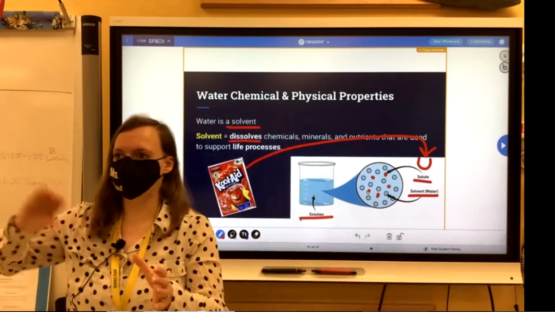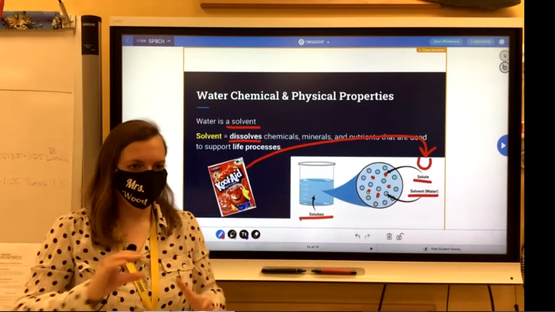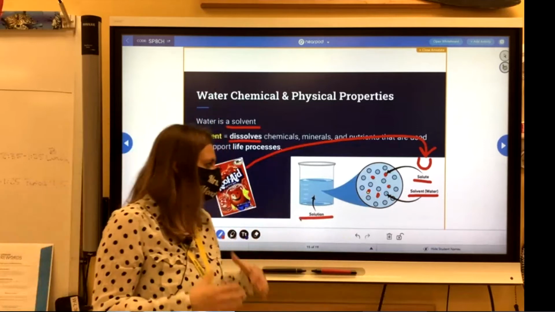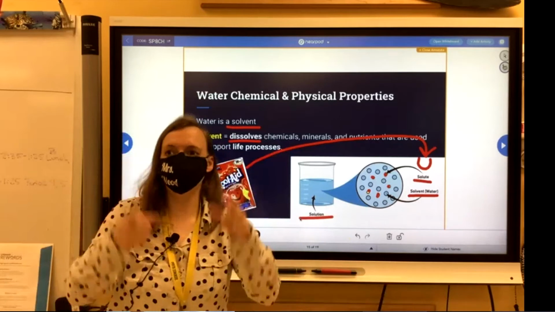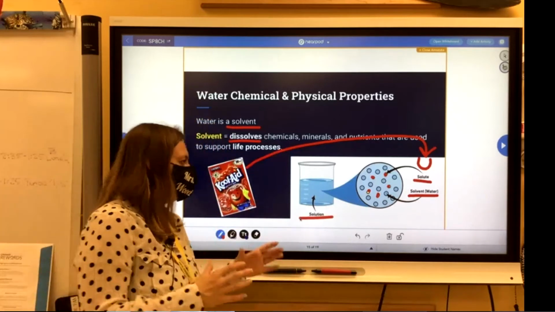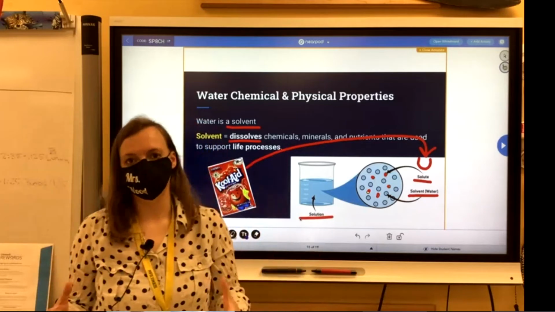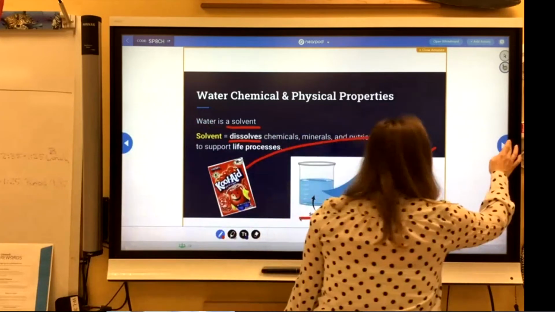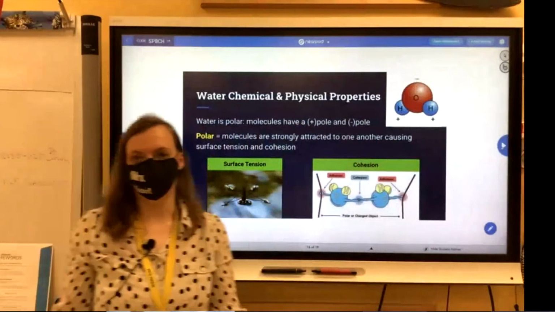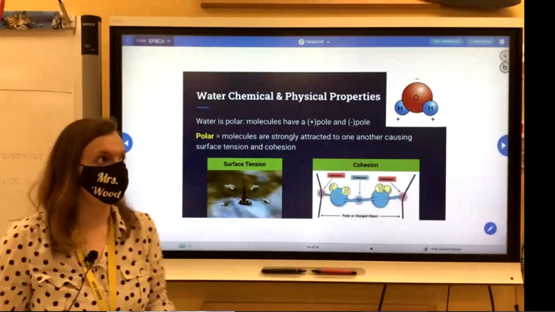When you pour in the packet of Kool-Aid, it turns red, but most of the molecules in there are actually water. That is the solvent. And the solute is what you put in, the Kool-Aid, and together they form a solution. Solution. Fun vocabulary word. So water is an awesome solvent. That's one of its important chemical and physical properties.